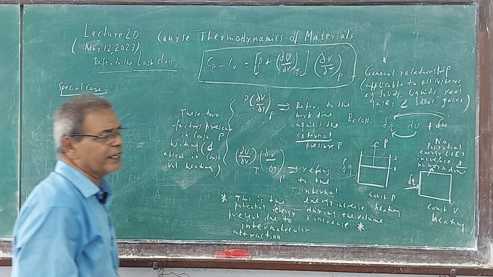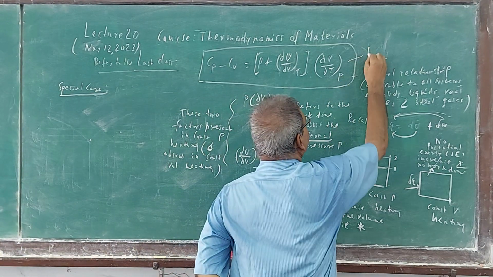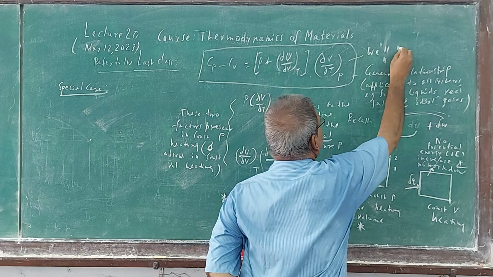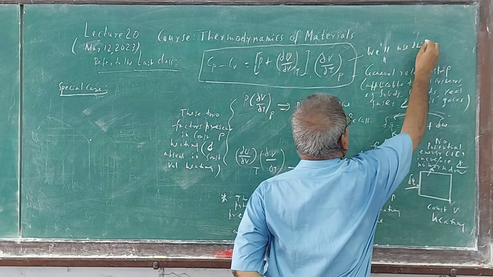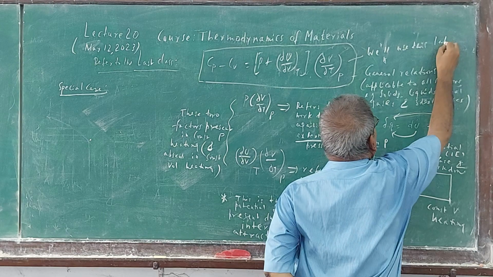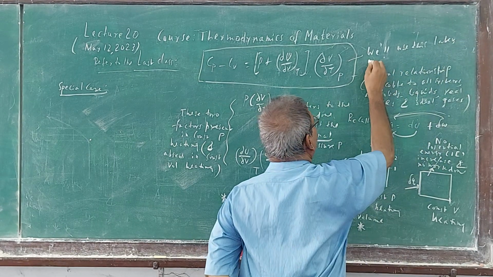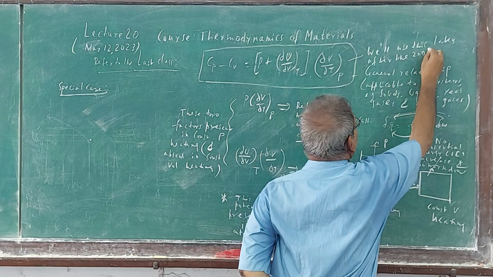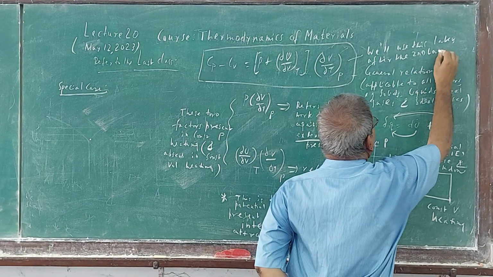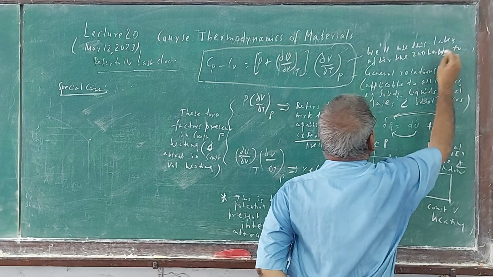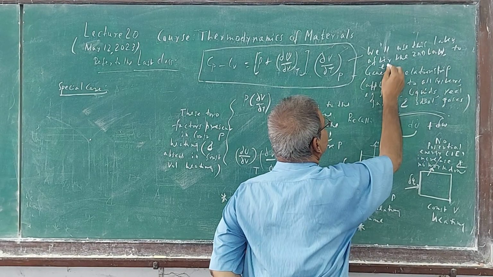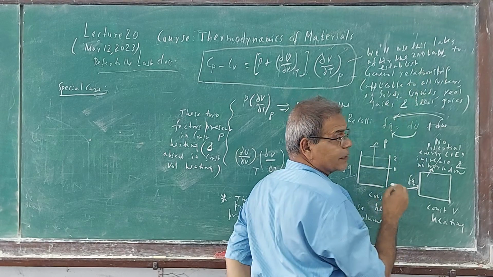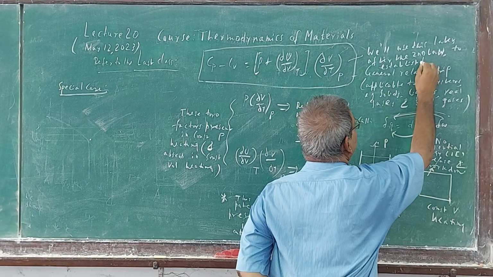We will use this later, after the second law, to establish a famous relation. What is that? Tell me. Cp minus Cv.